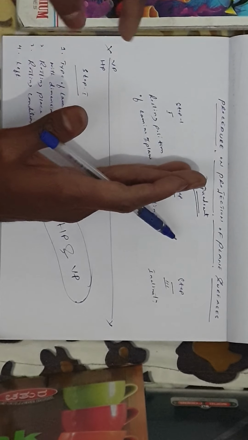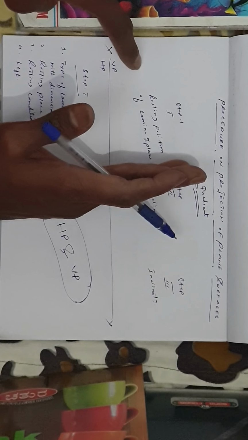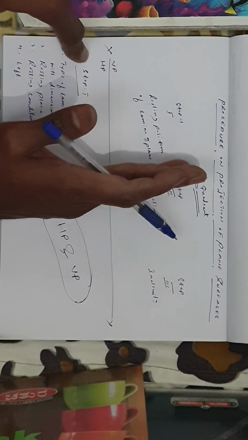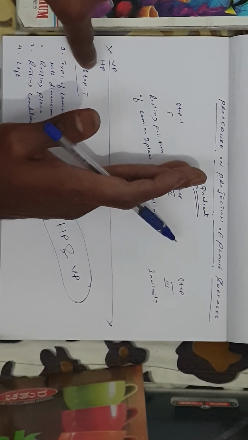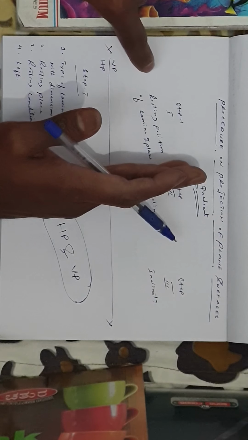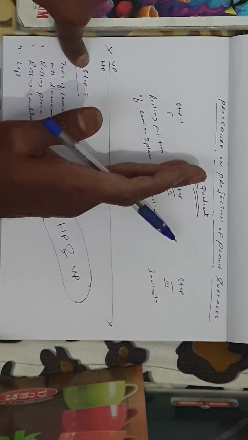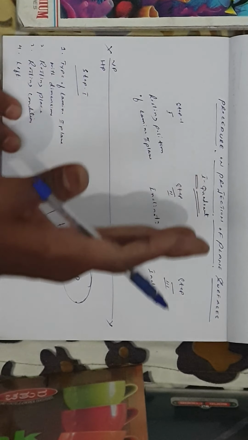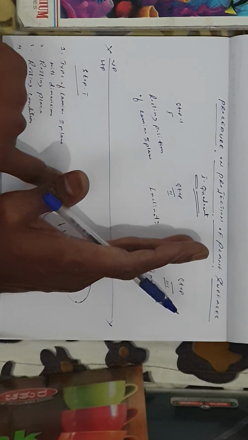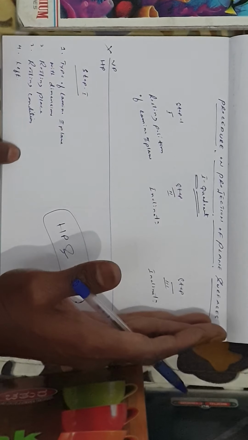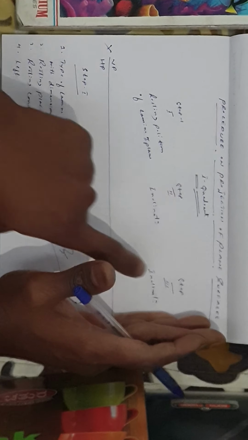In step 1, we need to solve on the VP the projection of the front view, and on the HP the projection of the top view. In step 1, we need to complete 2 views, one top view and one front view. Similarly, in the second step, again we need to draw the top view and front view. Similarly, in the third step, again the top view and front view.